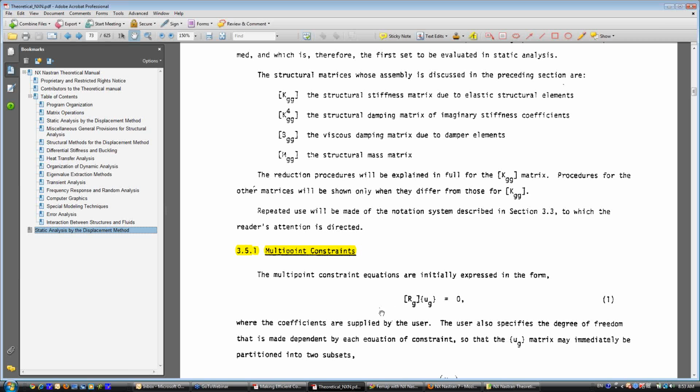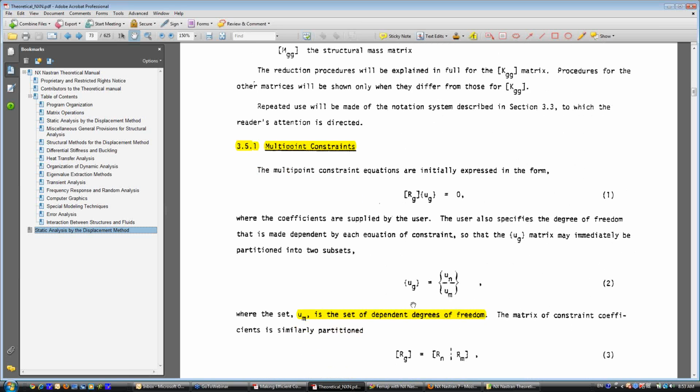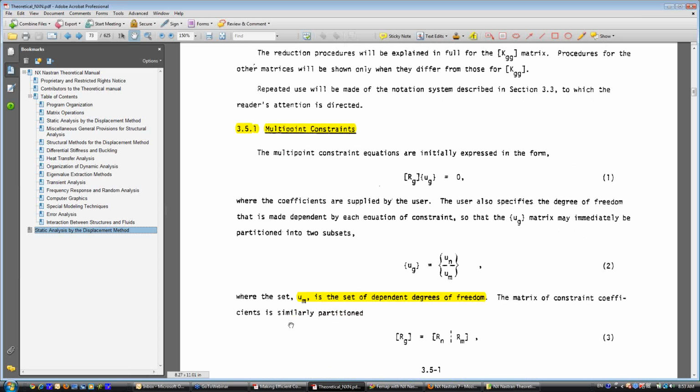You just pick the nodes and they'll figure out the right coefficients for you. RBE3 the same way. But when Nastran processes them inside the code, it's converting them to coefficients, RG, in this form. Then, naturally, the way this whole matrix method always works, is that you have your independent and your dependent, your UM.